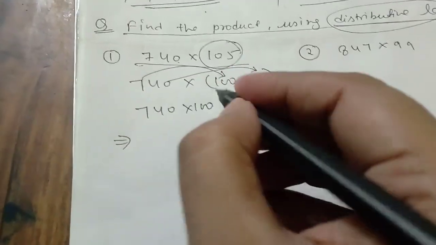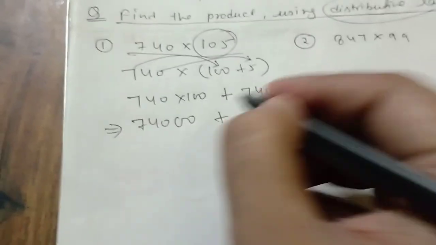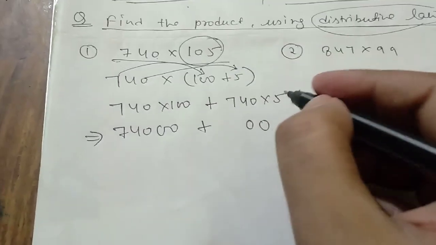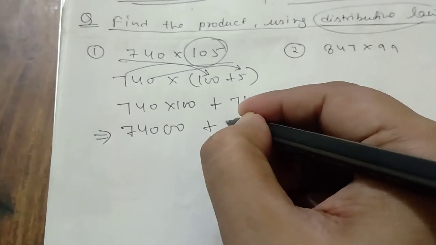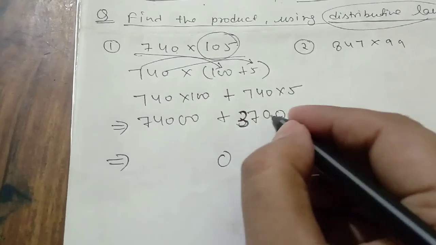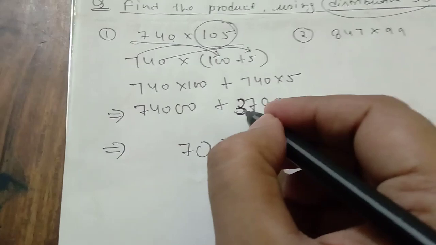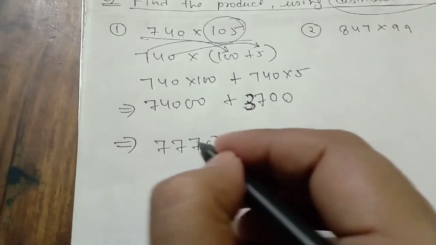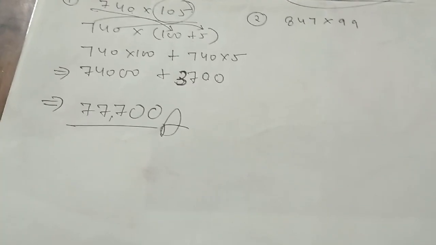Now 740 and two zeros. Now 5 fours are 20, 5 sevens are 35, plus 2 is 37. Now adding the numbers, 0, 0, 0, 7 and 0 is 7, and 3 and 4 is 7. So we got the answer. I hope you understood.